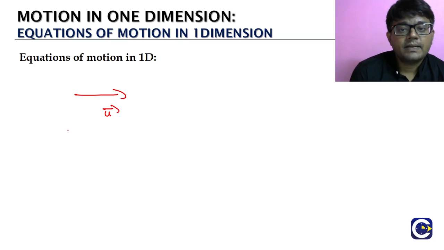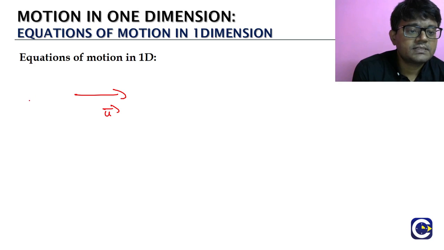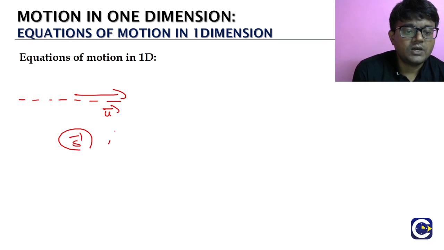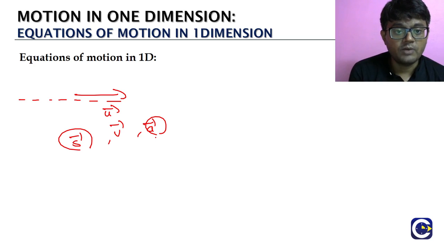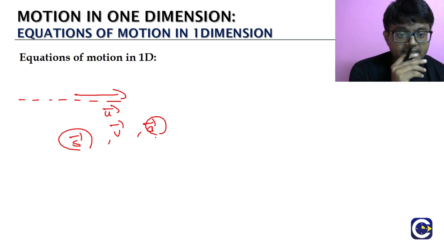The other parameters of motion, because the motion is confined to this straight line, whether the displacement, the final velocity or even the acceleration, we discussed when we took the idea of uniform acceleration in 1D motion. We said that the velocity and accelerations must all be in the same straight line.